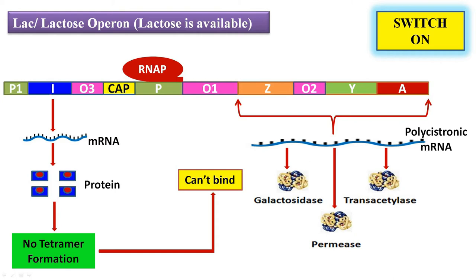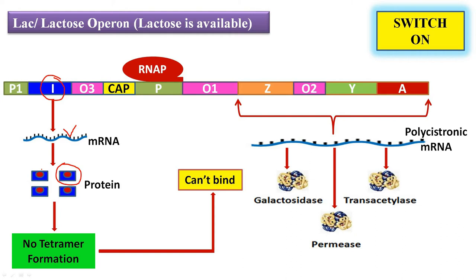Now in Lac Operon, when it remains in switch on mode, from the regulator gene, the mRNA will be synthesized, and from this mRNA, the repressor proteins will be synthesized by translation. These blue color boxes are actually the repressor protein.